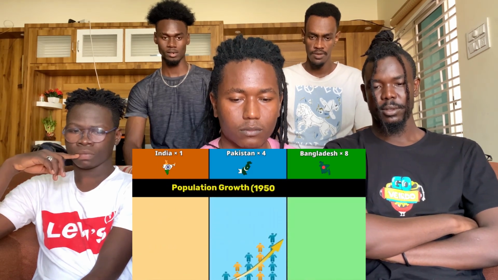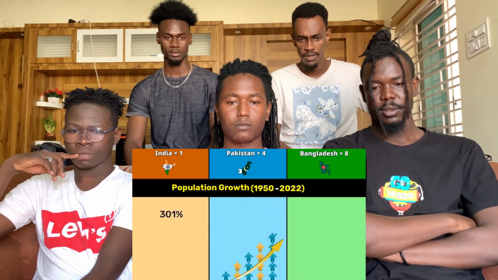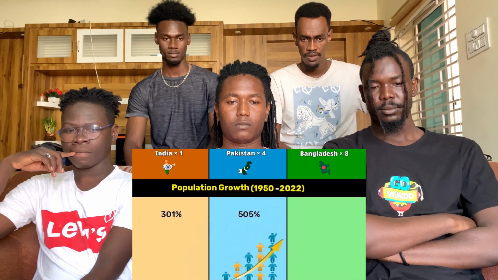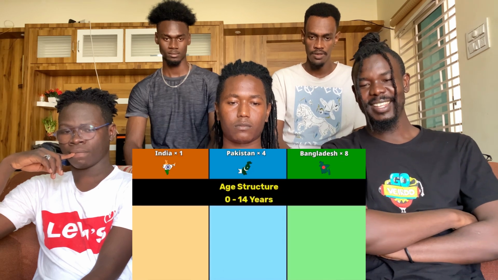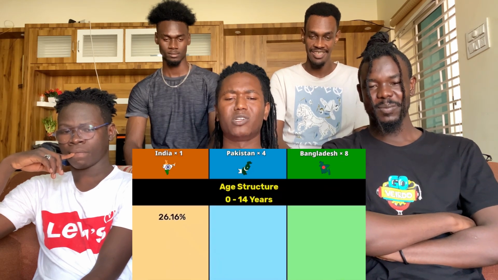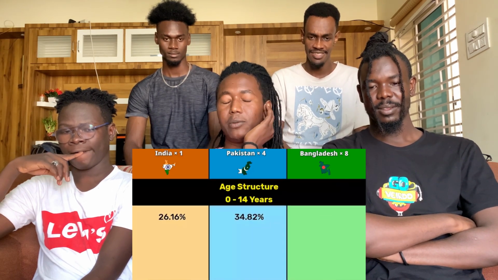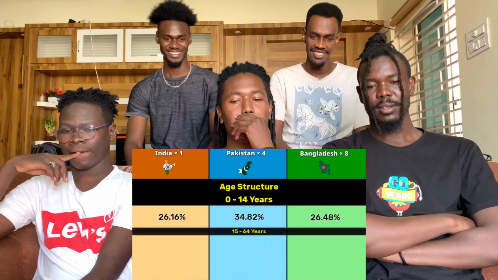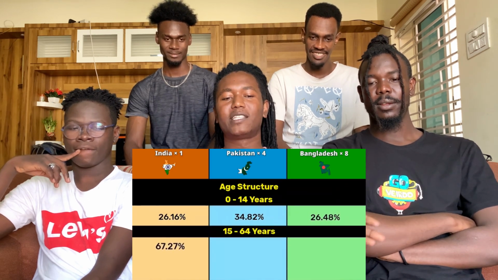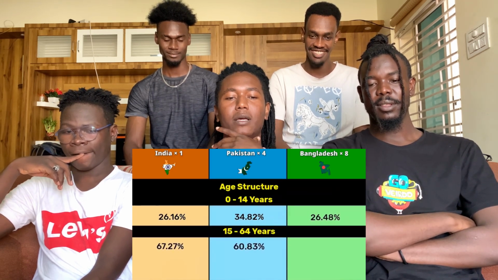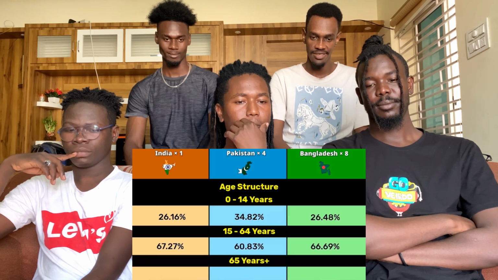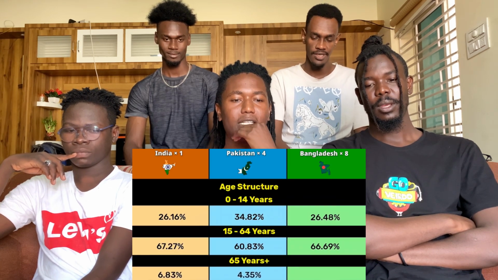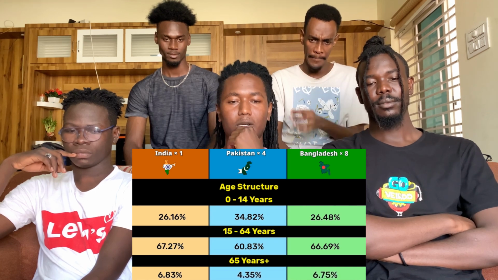Population growth between 1952 and 2022, 301%, 505%, 334%. Age structure, 0 to 14 years, 26.16%, 34.82%, 26.48%; 15 to 64 years, 67.27%, 60.83%, 66.69%; more than 65 years, 6.83%, 4.35%, 6.57%.